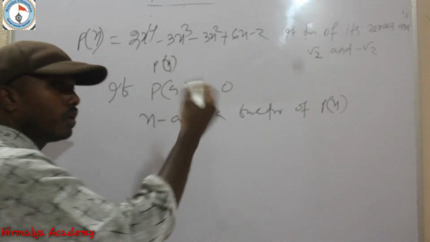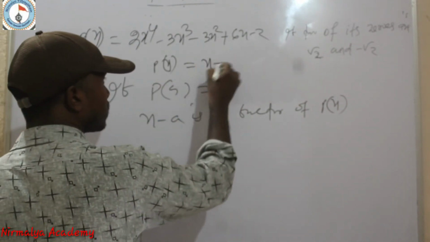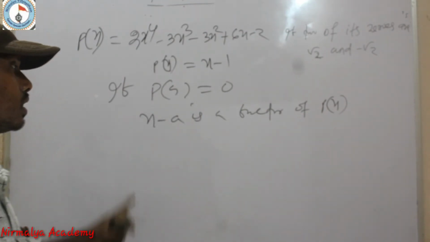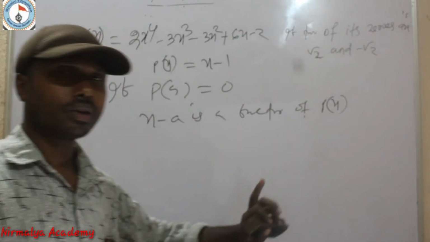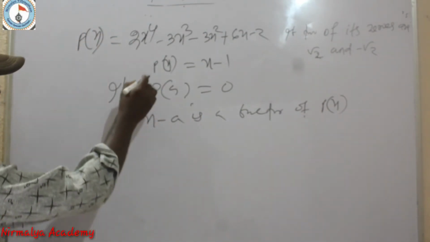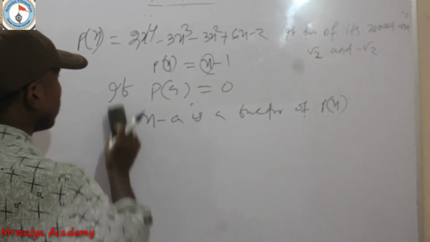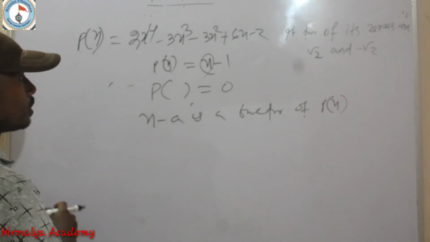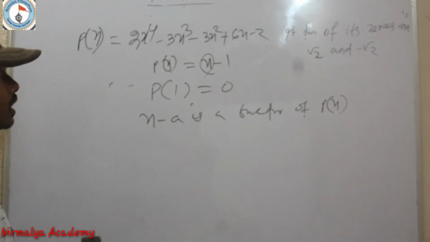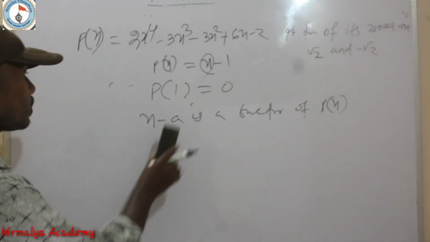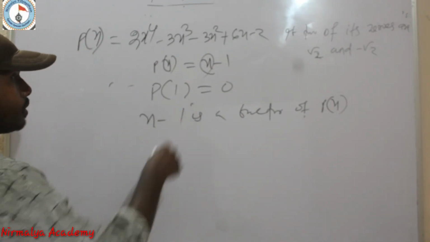For example, if we take x equal 1 and the value of p(x) is 0, then x minus 1 is a factor of p(x).